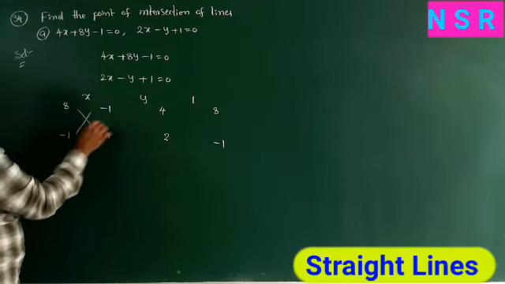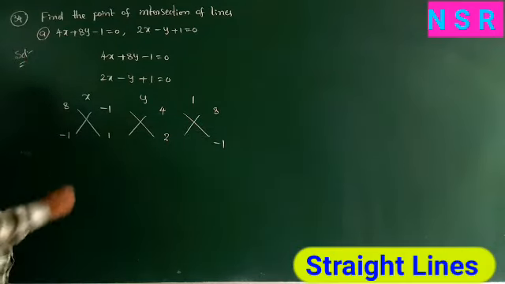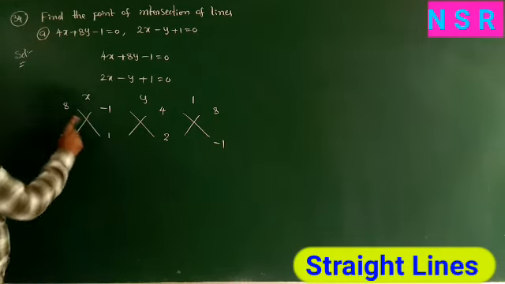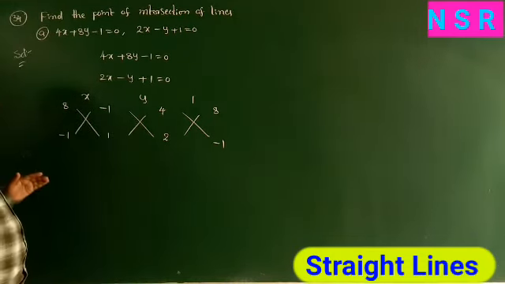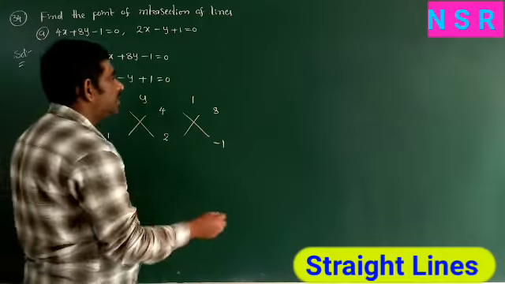Now take the cross of all elements for x, y and constant. Here apply one formula, that is AD minus BC. This formula we use in 1A matrices. In Maths 1A we have one chapter, that is matrices.